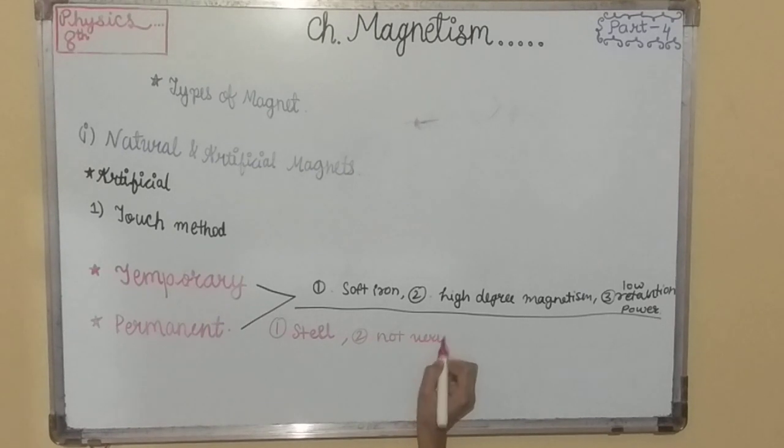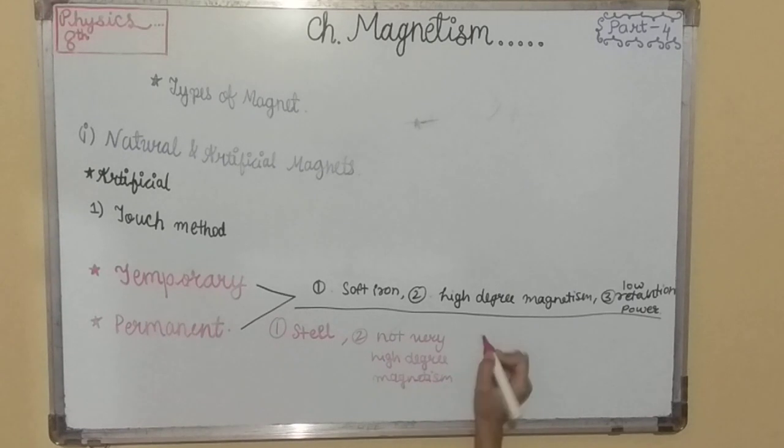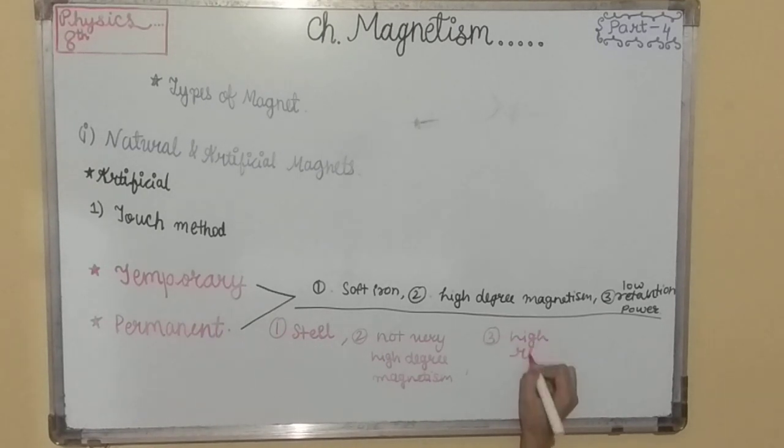Not very high degree magnetism. Third is magnetic retention power is so high that even after the removal of the agent which is inducing magnetism, they still act as a magnet. High retention power.